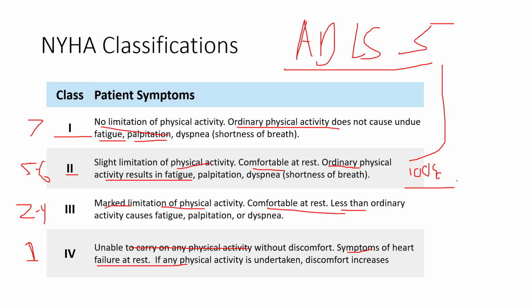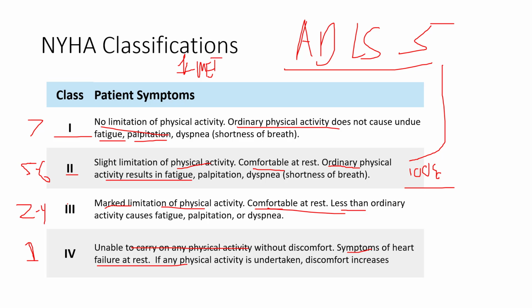Class 3, significant limitations. Still comfortable at rest, because to live, it costs about 1 MET. It costs about 1 MET to live, to fuel our body, keep the engine going. But less than ordinary, again remembering ADLs are 5.